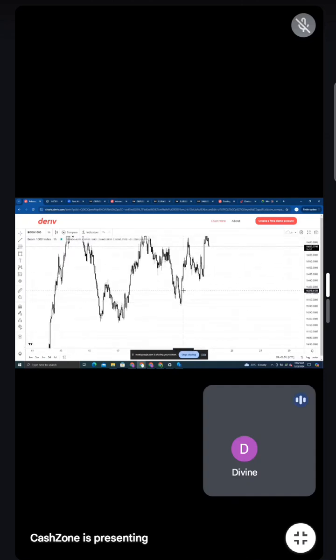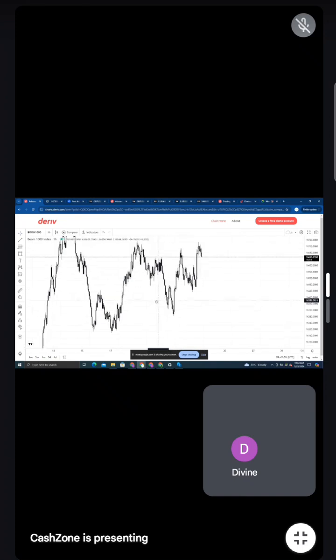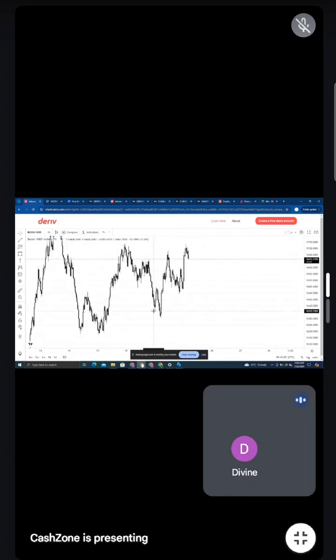This thing now would have been a nice zone. Why? Because there was a sweep, a breaker structure. Now this thing is very far. So you understand why I don't take some kind of trades.